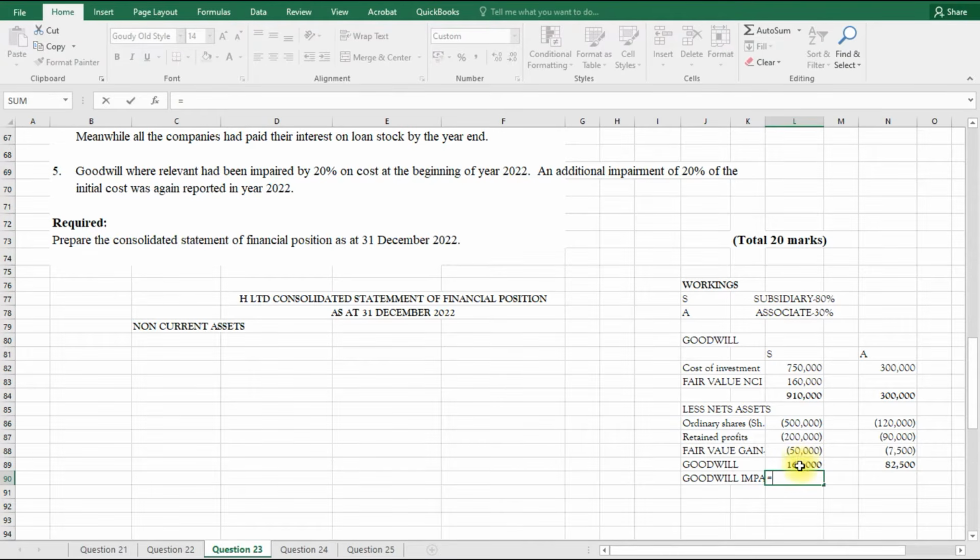So we shall take this multiplied by 0.4, and the same here, which will be equals to this value by 40%, and I'll get our goodwill impaired, goodwill unimpaired.